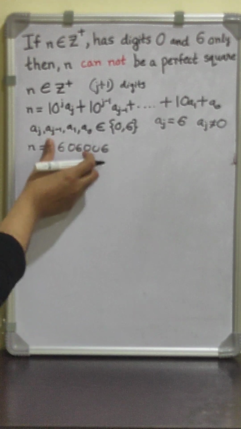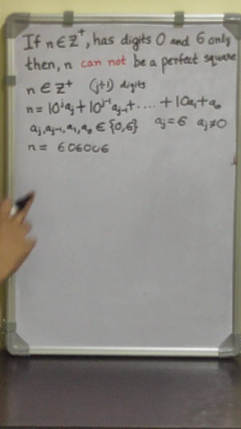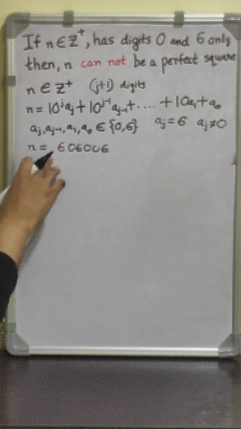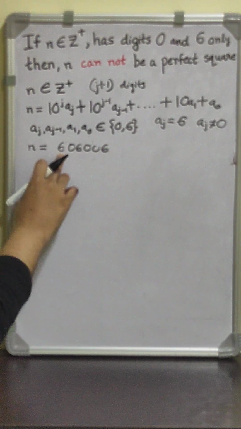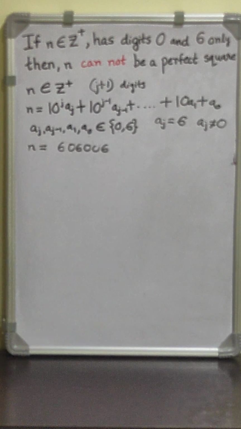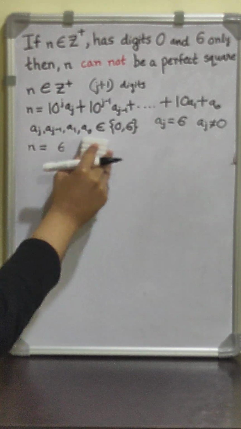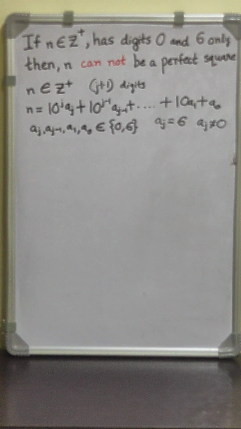So effectively you don't need this 0. You start from a_5, and then it's not really a 7-digit number, it's actually a 6-digit number. This is important to know.